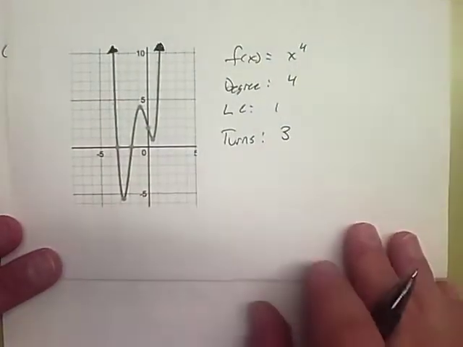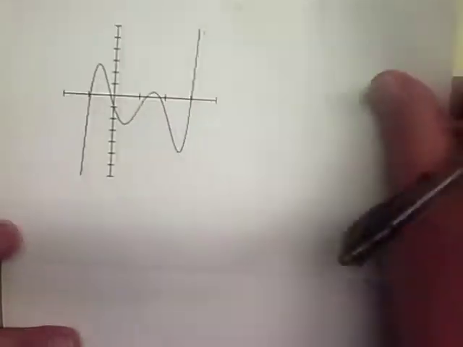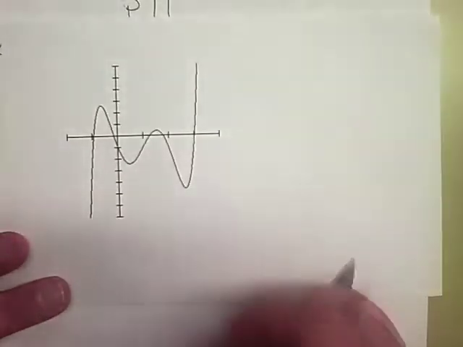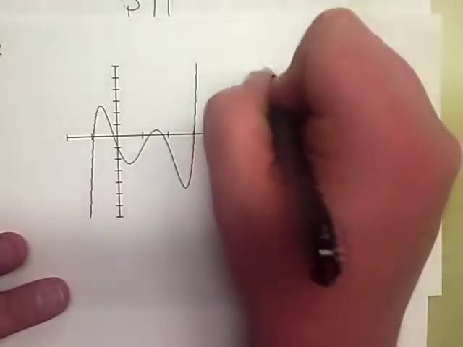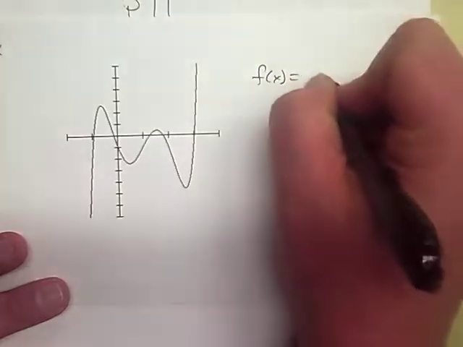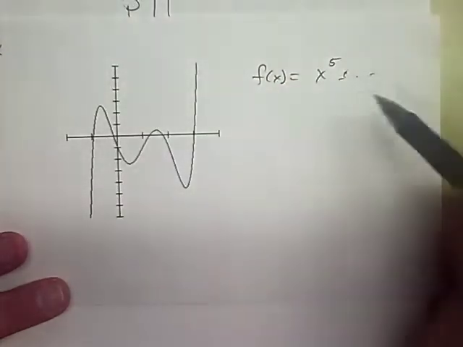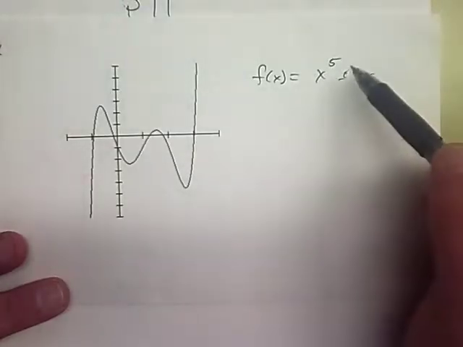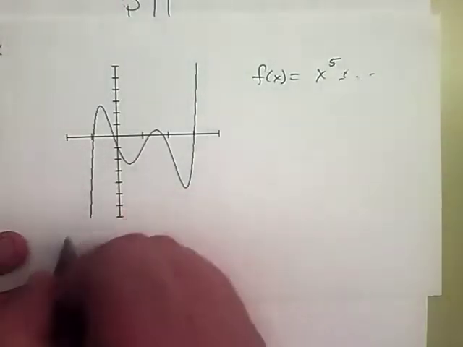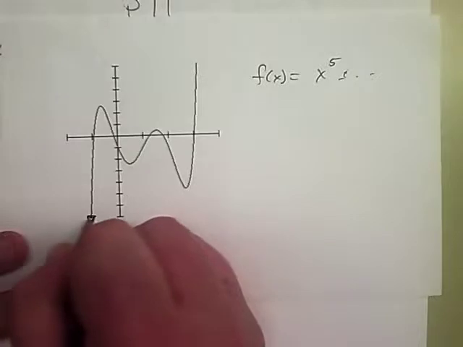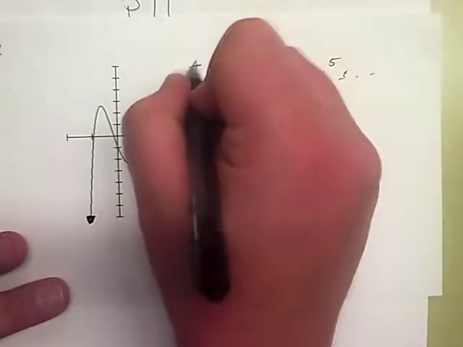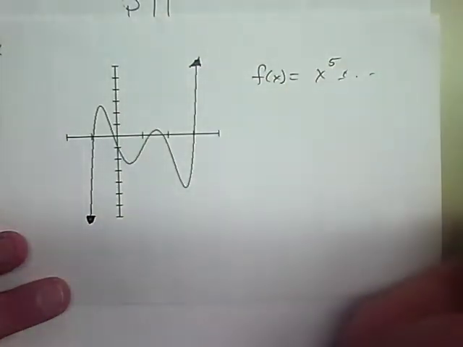Now let's take a look at one more graph, and then we can start to really put some of these patterns together. Here we go. This is the graph of some x to the fifth. It's got some other stuff with it, but what I'm really worried about is that here, my left arrow is pointed down, my right arrow's pointed up.